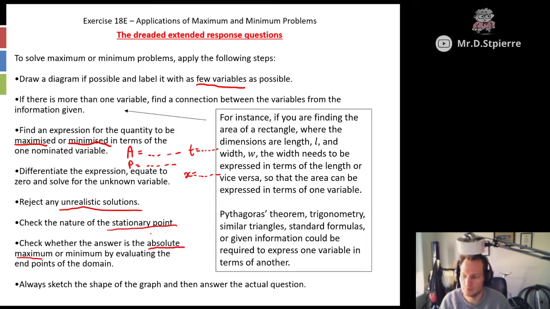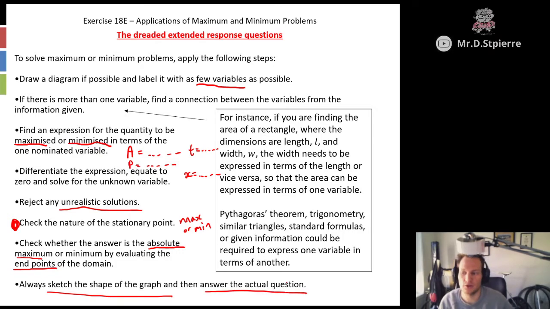So this was, is it a max or min for this point here? And then for this point, you want to check, is it an absolute or is it a local? So you also then need to consider the endpoints. Make a rough sketch of the graph as needed, and then answer the actual question. So there's a whole lot involved in these.